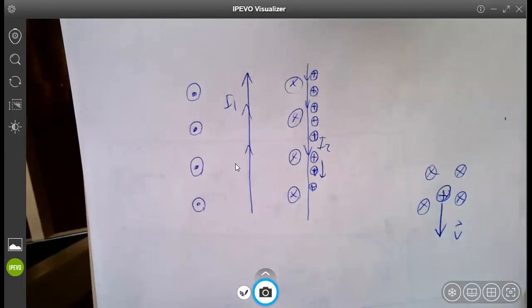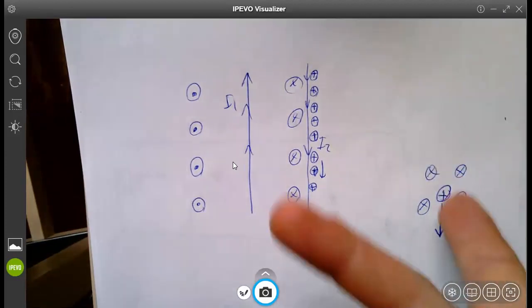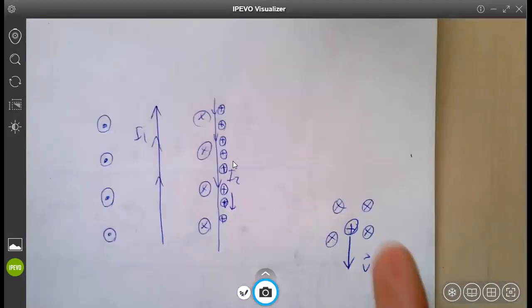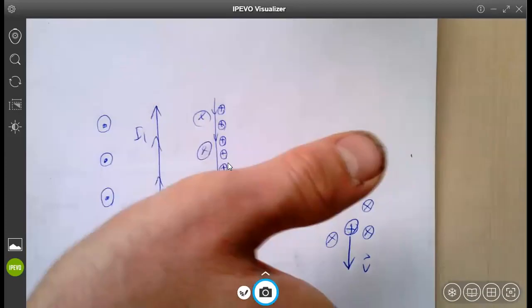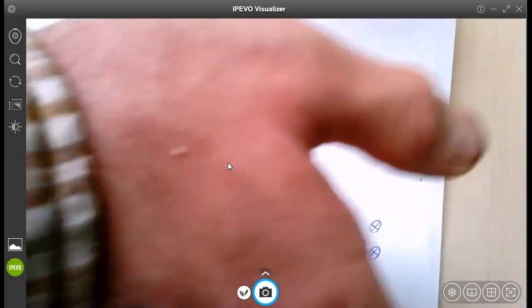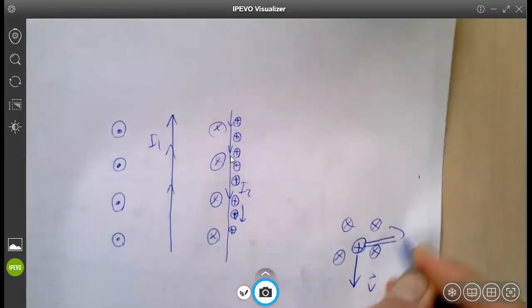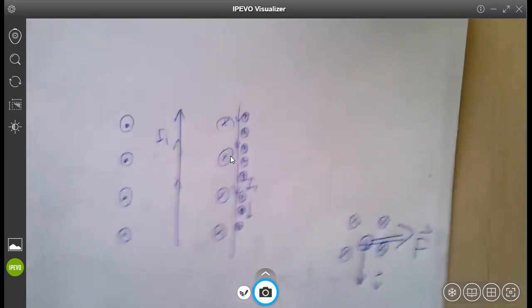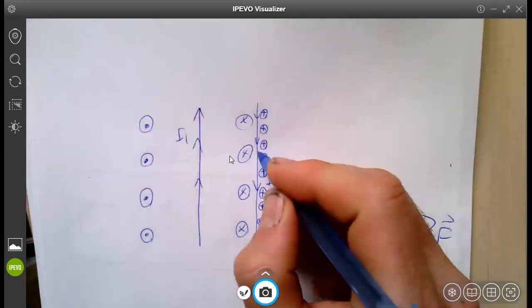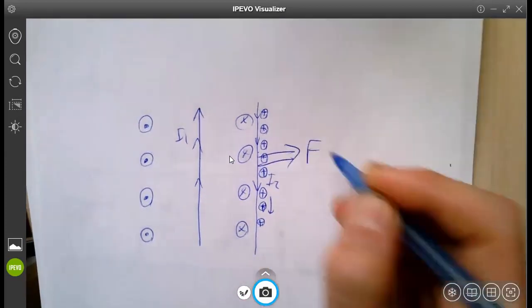If we have V crossed with B, sorry, I'm having trouble seeing here. So if we have V in this direction here, and we cross that with B going into the page, then the force is going to be in this direction here. So that means that this wire 1 is going to have a force that's pushing it outward.